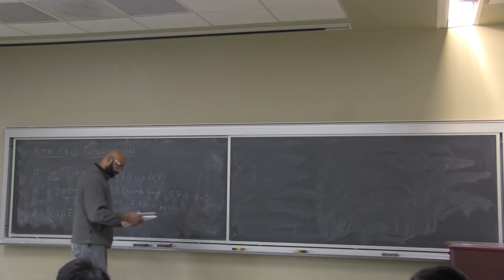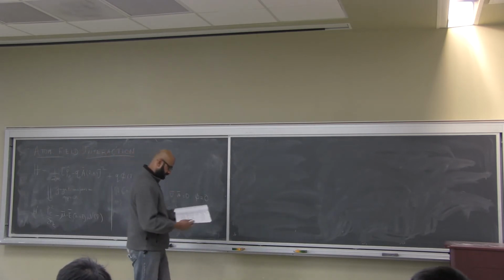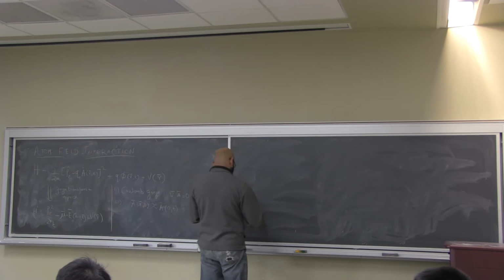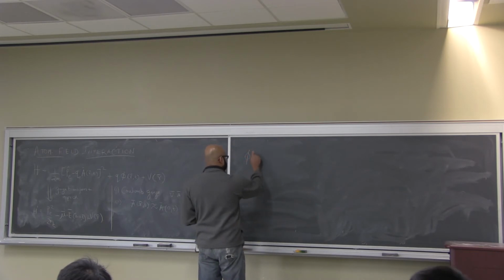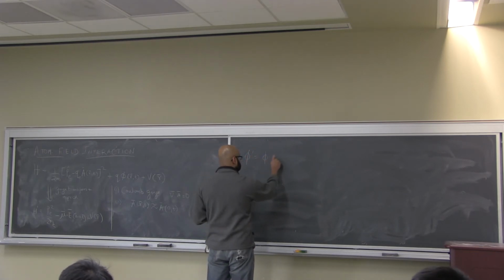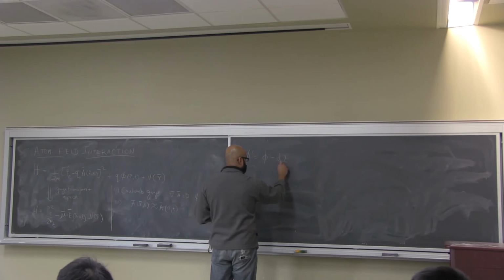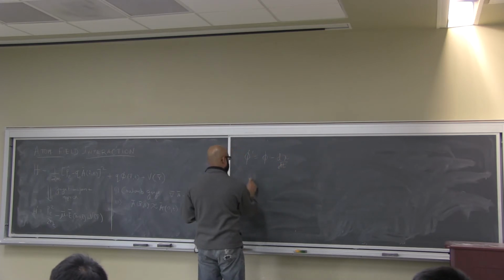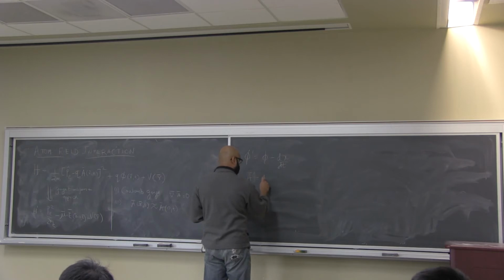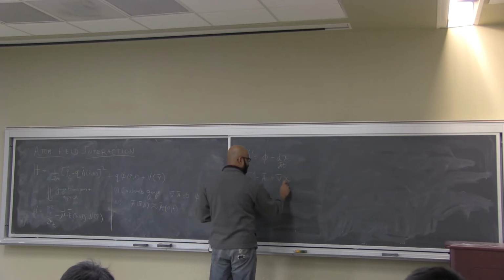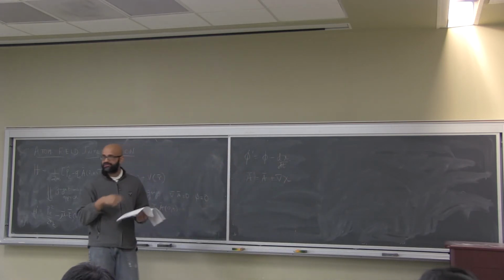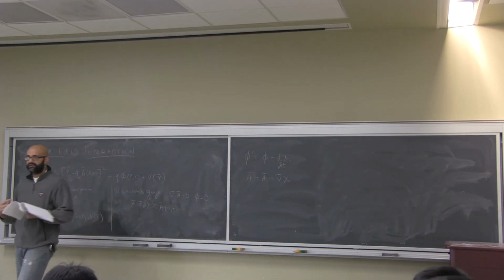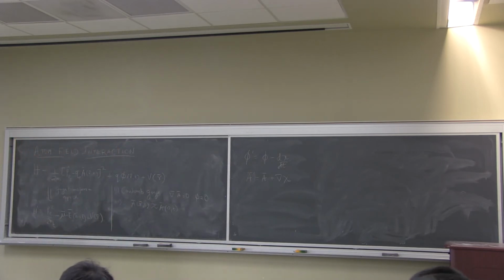To answer that earlier question, any gauge transformation, phi prime equals phi minus d chi over dt, A prime equals A plus grad chi, leaves the electromagnetic fields E and B the same, because if you substitute that back into the equations for E and B, they are invariant.